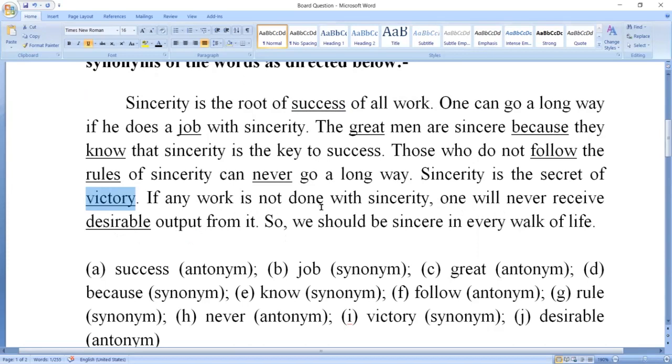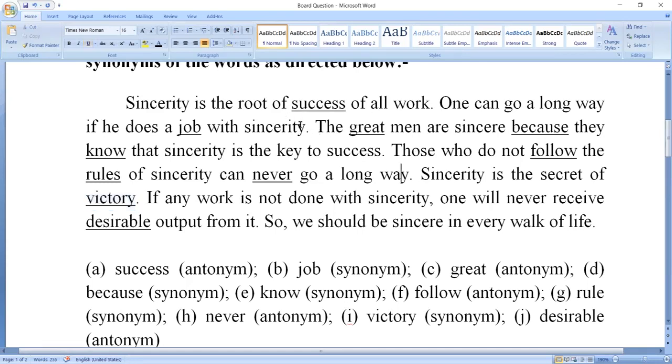That is, without being sincere in doing anything, we can never receive what we expect or what we desire. So we should be sincere in every walk of life. So through the passage we have been able to understand that the passage deals with the importance of sincerity.